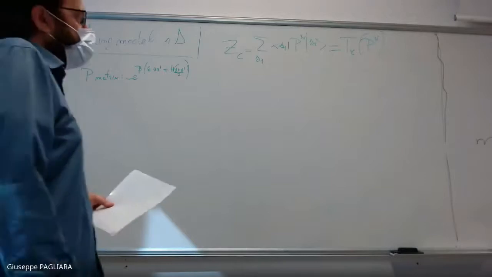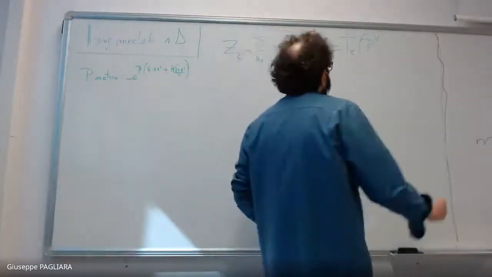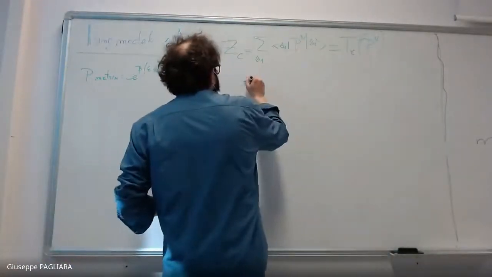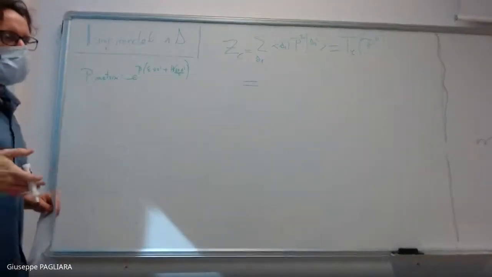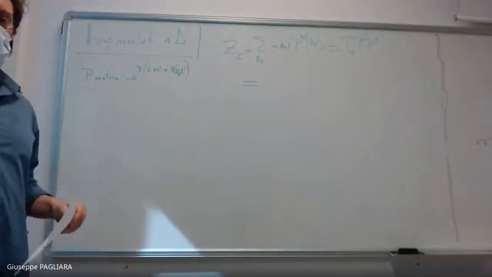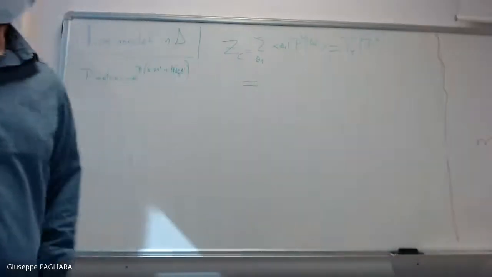Okay, so now the trace of P^n can be written as follows. The trace of P^n is the sum over the diagonal terms of this P^n.